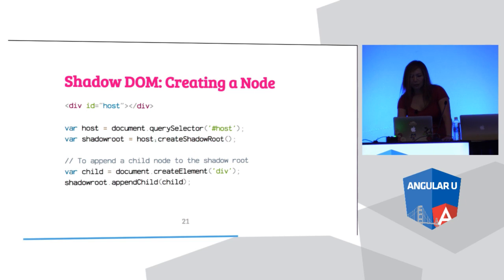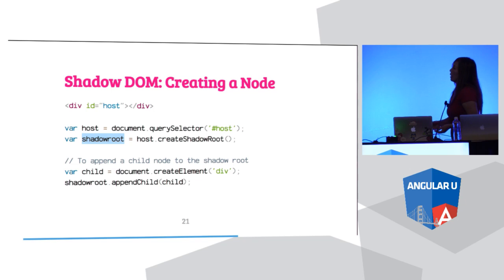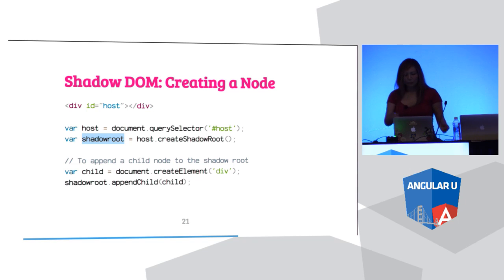Then after this, it's not document dot, it's host dot. And then you can append the child just like in the regular DOM. So now var child, create element, div, and you append it to this shadow root, not to the host. You have to append it to the shadow root. That's the difference from the regular DOM. It's kind of weird to say regular DOM, but anyway.